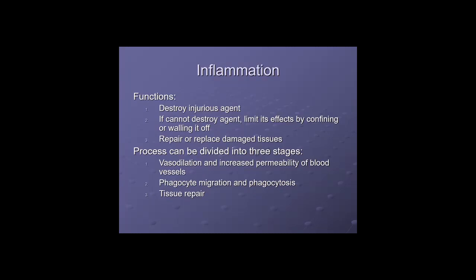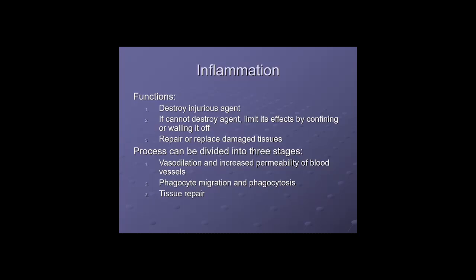If you have a cut in your finger, until you seal that cut and repair the skin, you are at risk for more microbes coming into the wound, even if you've managed to sterilize it. You gotta fix the problem. So until we get the tissue repaired, we're at risk. So we have those 3 primary functions. Kill it if you can. If you can't kill it, contain it. And seal the breach so more microbes don't come in.